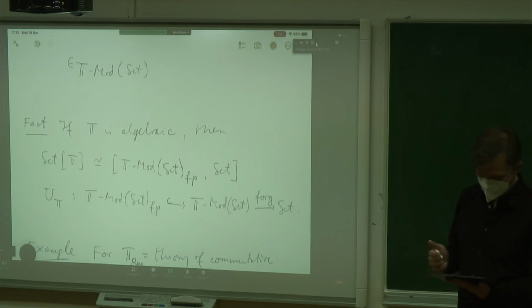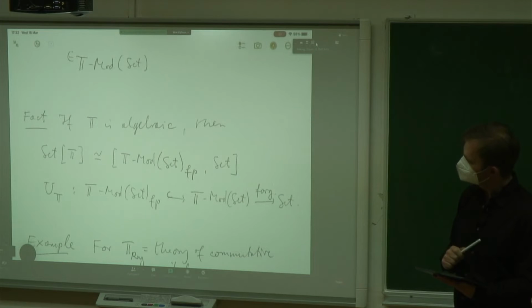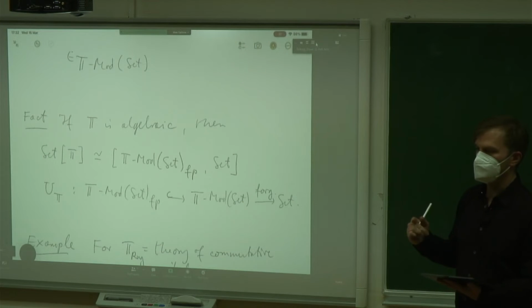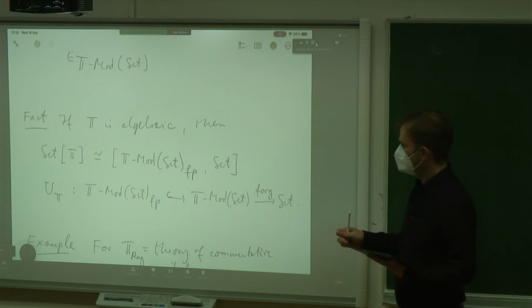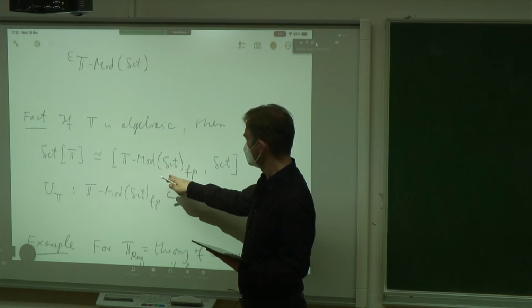So if T is an algebraic theory, then the classifying topos can be presented in a relatively straightforward way as simply a presheaf topos on the category of finitely presented T models in set.